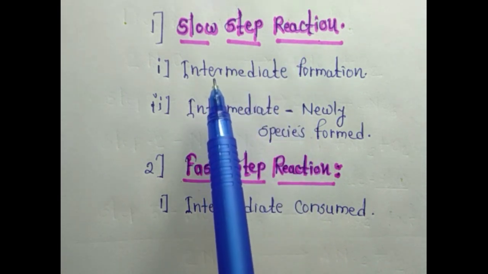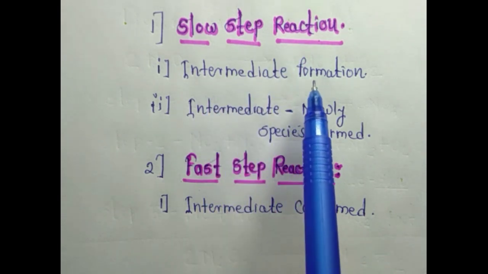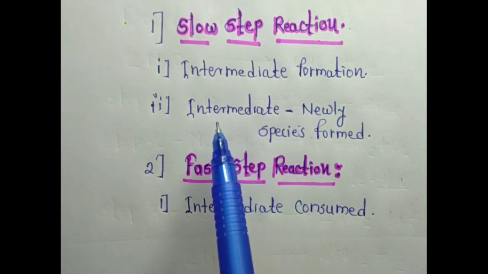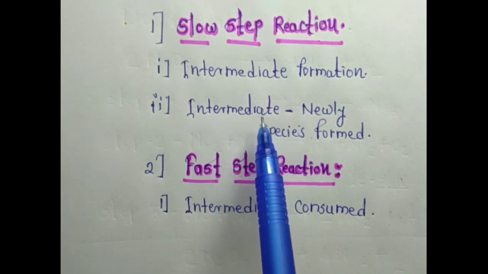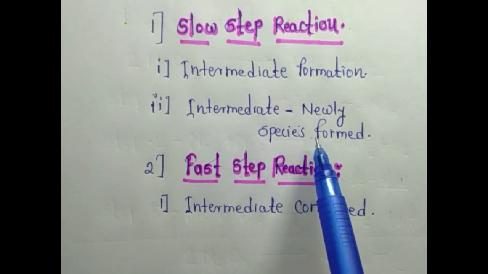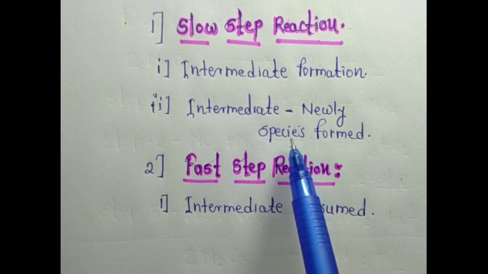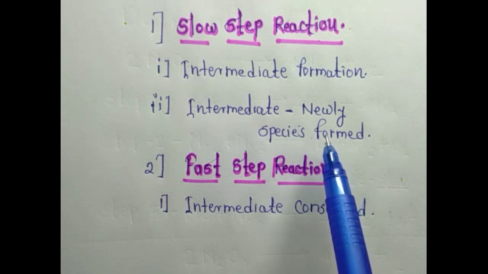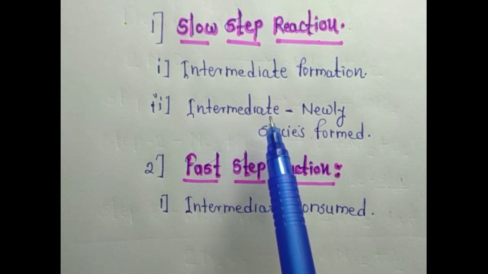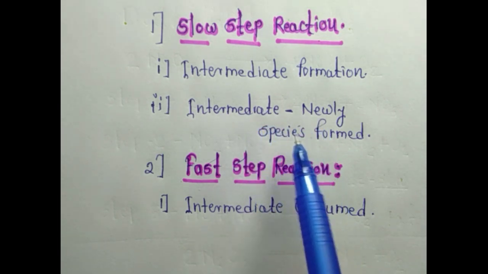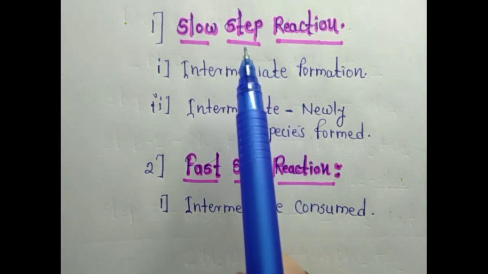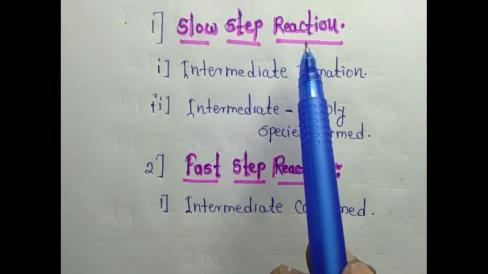The slow step reaction is the intermediate formation reaction, and the intermediate is nothing but the newly formed species, other than reactant and product in the overall reaction, called the intermediate, meaning the newly formed species in this reaction is the slow step reaction.